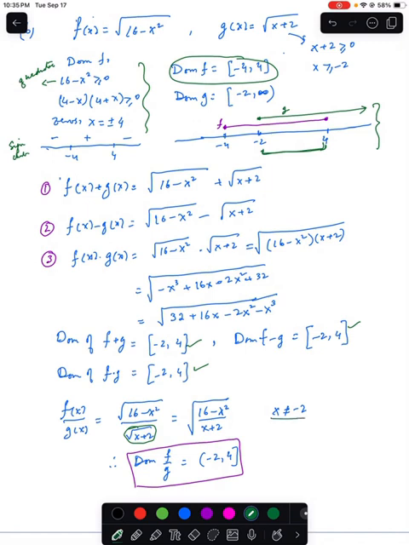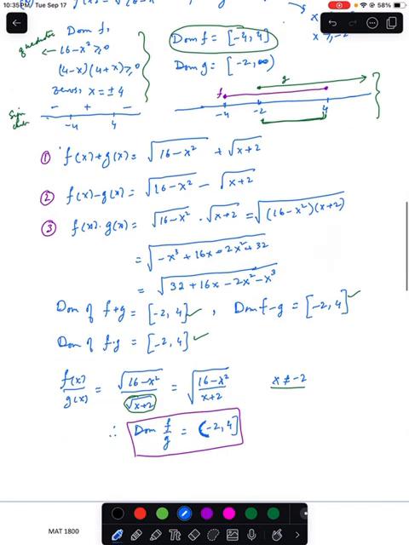So now the domain looks similar to the previous, except that the only difference is that now we have a parenthesis over here, not a square bracket. That's the difference from the other. This is how we find the functions f plus g, f minus g, f times g, and f over g, and this is how we look at the domains.